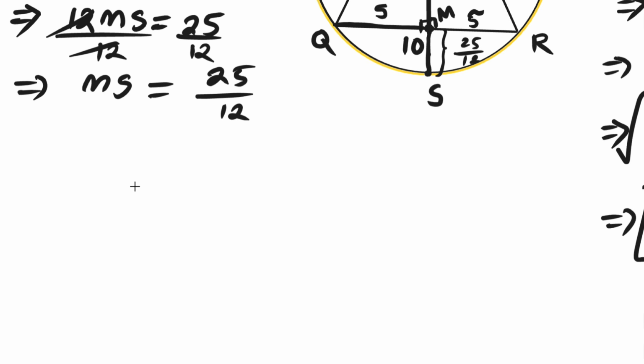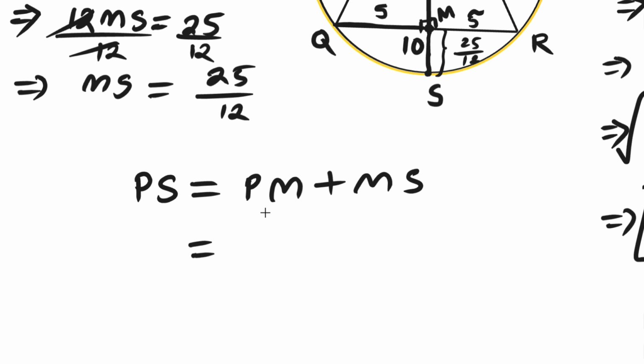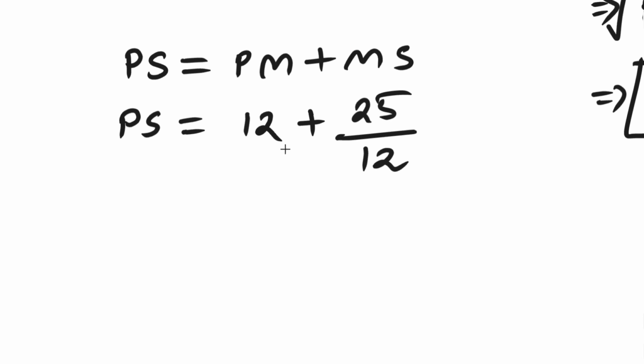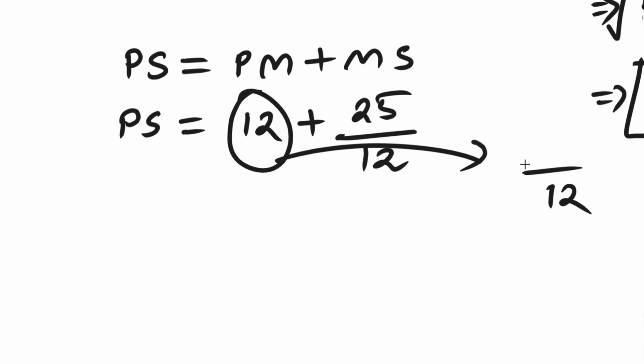Therefore, the entire diameter PS equals PM plus MS. Substituting the values, we get PS equals 12 plus 25 over 12. To add these numbers, we first express 12 with a denominator of 12. 12 can be written as 144 over 12.